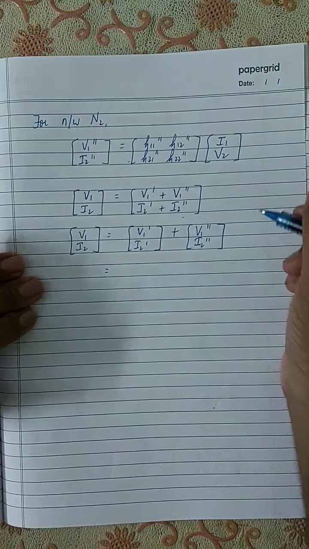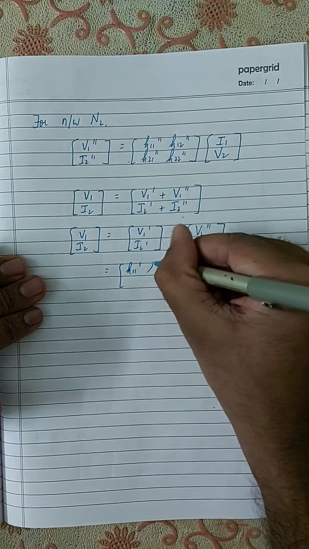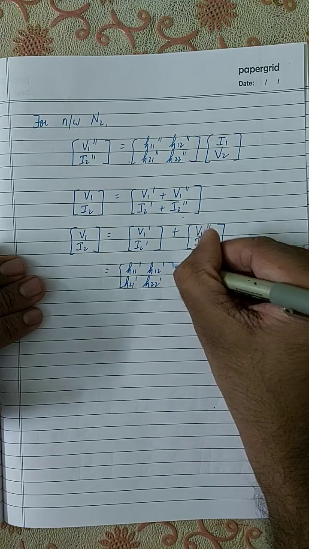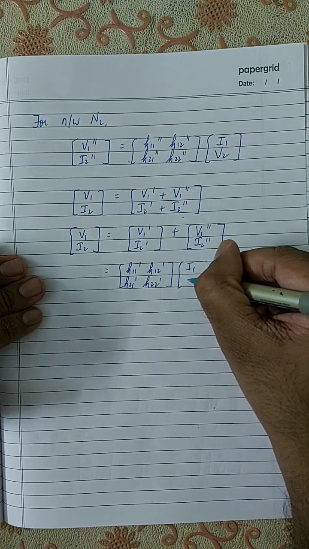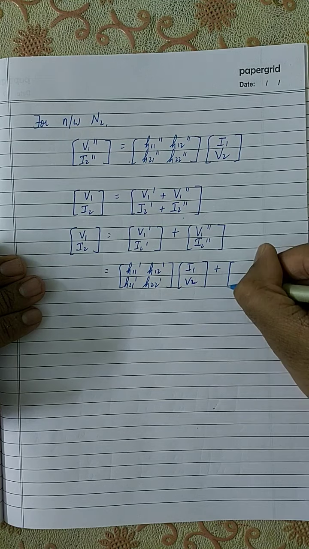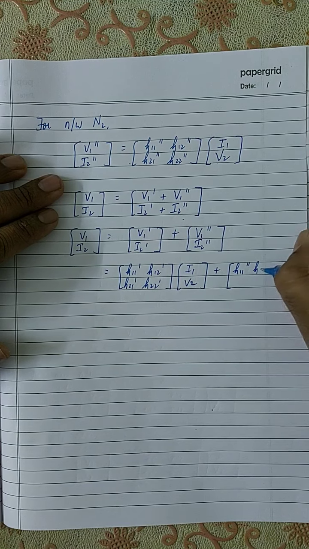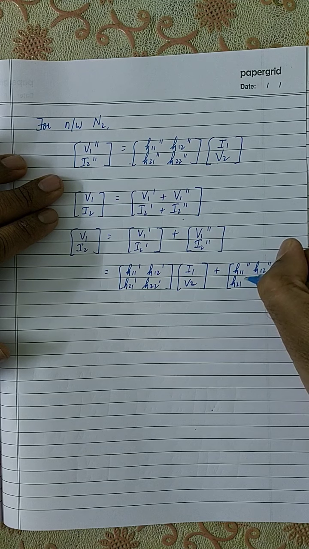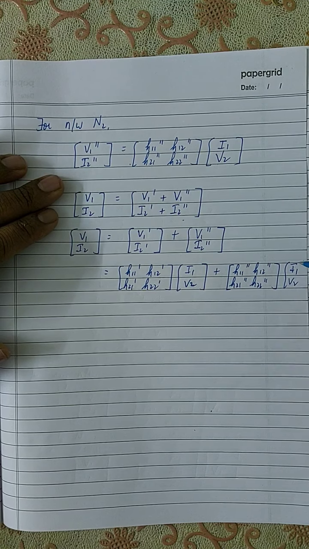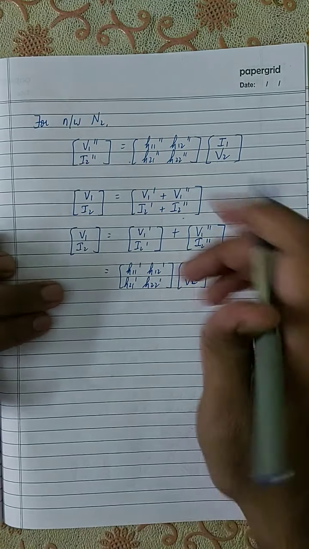We already have the equations for these: [H11 dash, H12 dash; H21 dash, H22 dash] into [I1, V2], plus [H11 double dash, H12 double dash; H21 double dash, H22 double dash] into [I1, V2]. And here the matrix [I1, V2] is common in both terms, so you can take it outside.